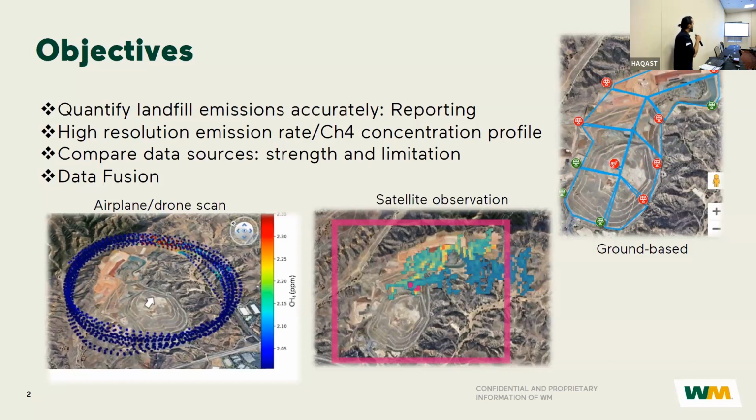And of course, there is a data limitation for each of these data sources, whether that's ground-based level. Some of them give you concentrations, whereas the objective of this project is emission rate.